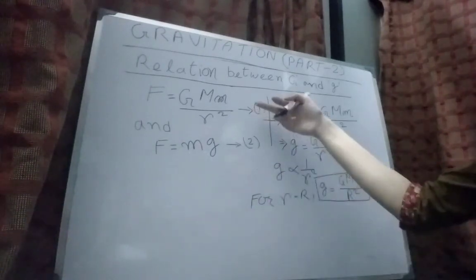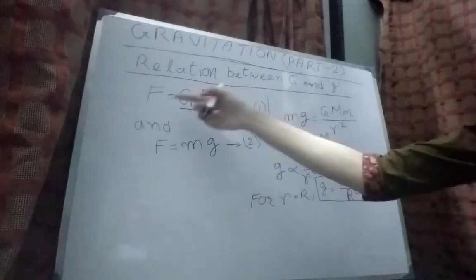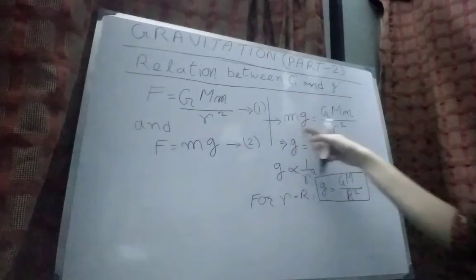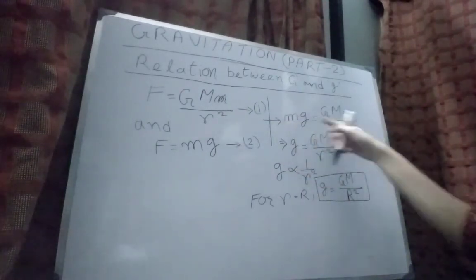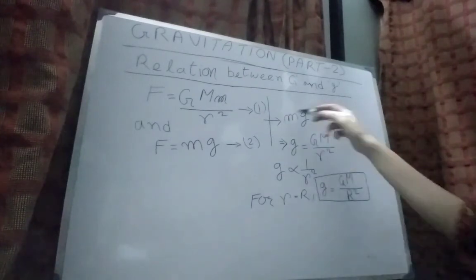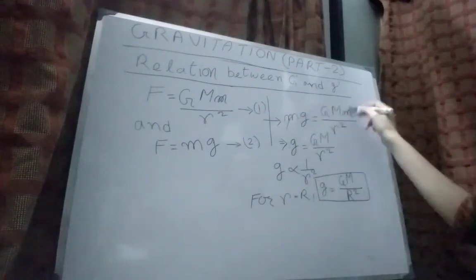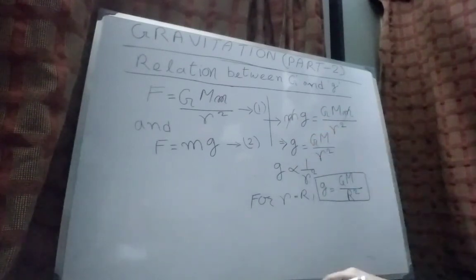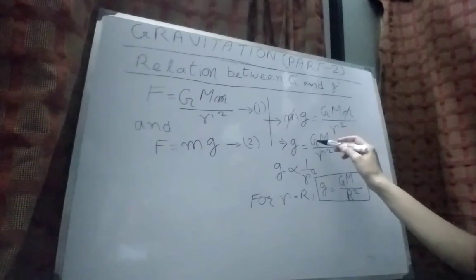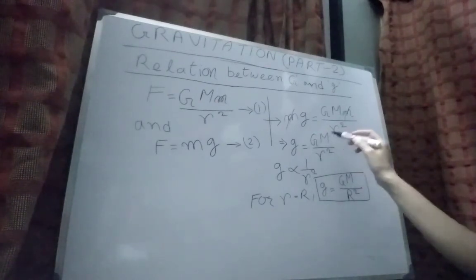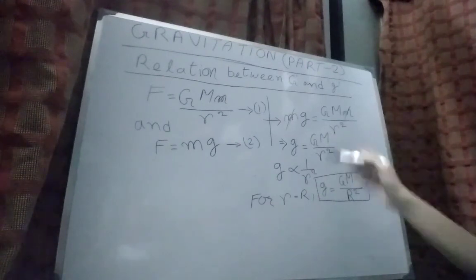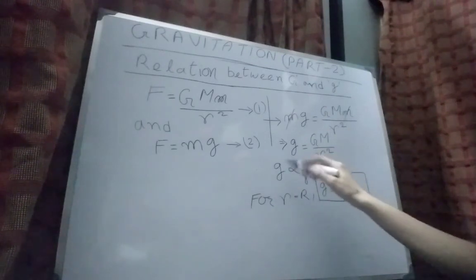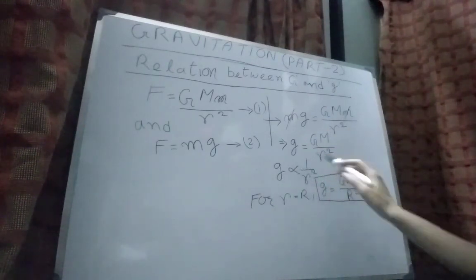Now from these two equations we can equate that m g equals G M m by r squared. If we cancel out small m, then we get small g equals G M by r squared. Now we know that G is a constant, and M, the mass of the earth, is also constant. So considering these constant terms, g will be proportional to 1 by r squared.